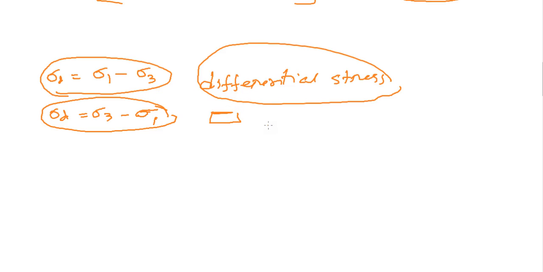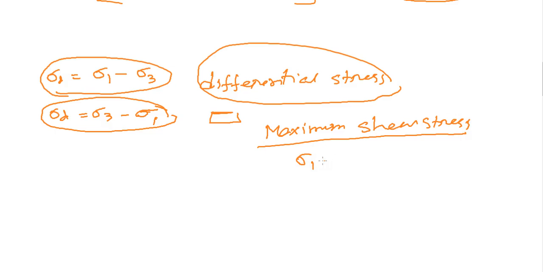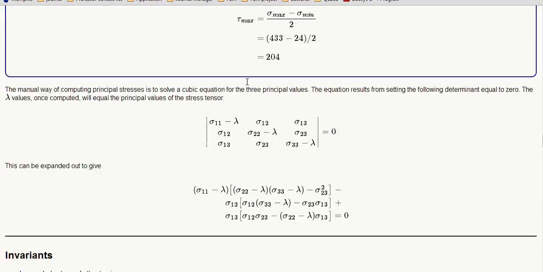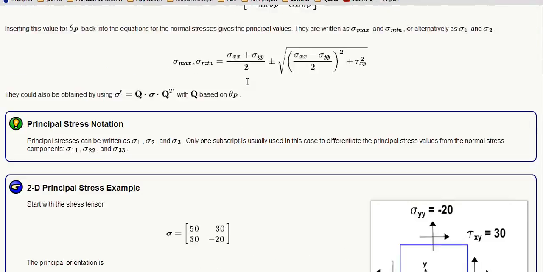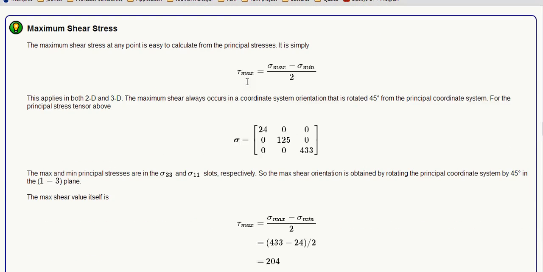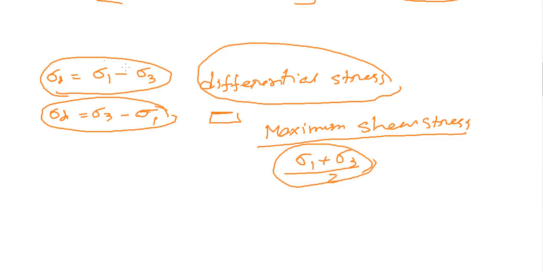Okay, so we have another term, maximum shear stress. Maximum shear stress is, sorry, it is the maximum minus minimum divided by 2.